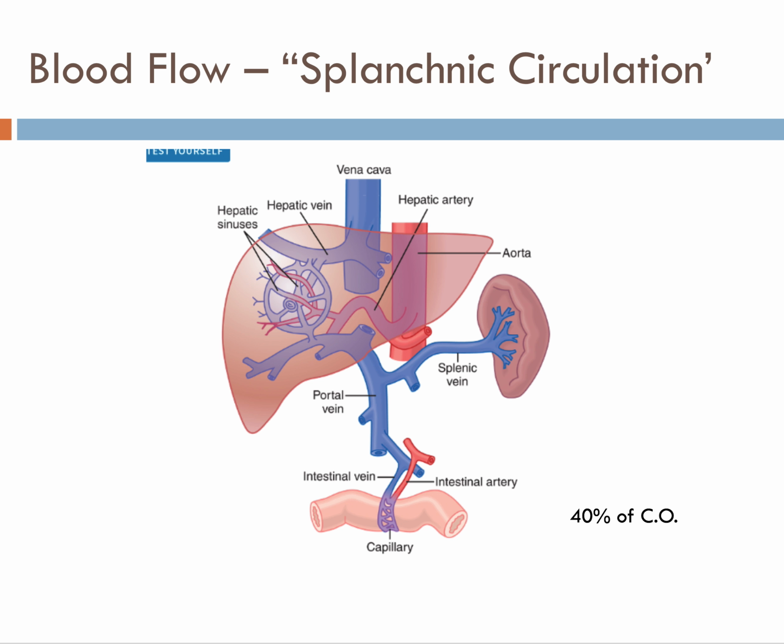So if anyone ever asks you which organ uses the most blood or the most cardiac output, it's the liver. So the GI tract already uses a ton of blood flow. Adding the liver onto that makes it the splanchnic circulation. 40% of cardiac output during resting conditions goes to the splanchnic circulation.